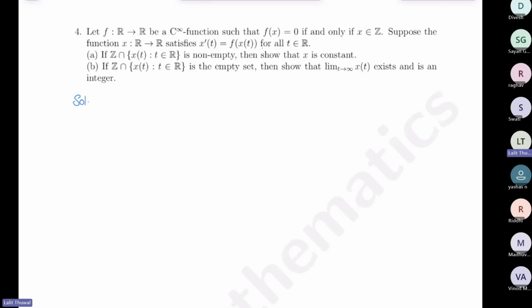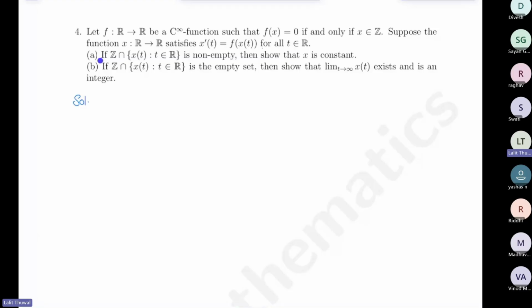So what it says: let f from R to R be a C infinity function. C infinity means it is infinitely differentiable, such that f(x) vanishes if and only if x is an integer. Suppose the function x satisfies this ODE, that means x is a solution of this ODE for all t in R. So there are two parts here.